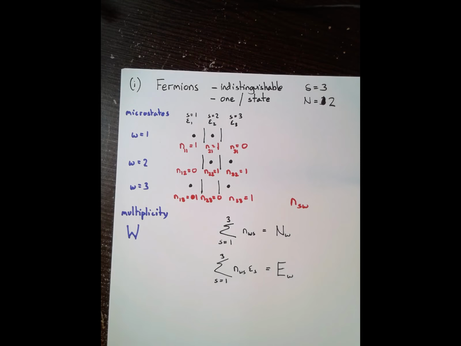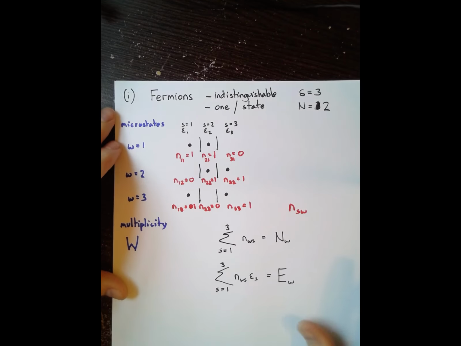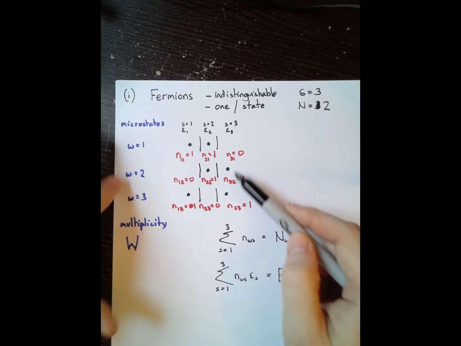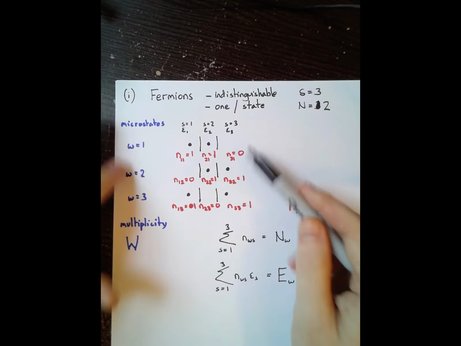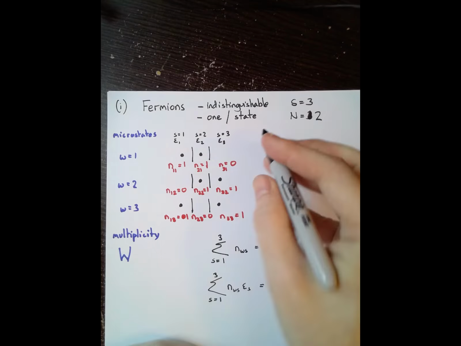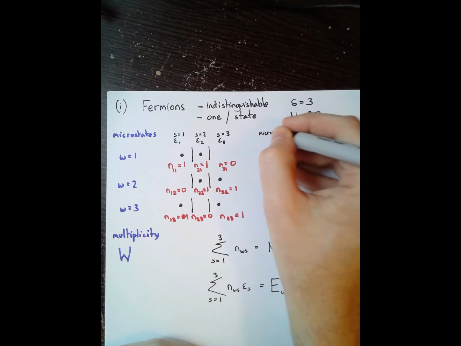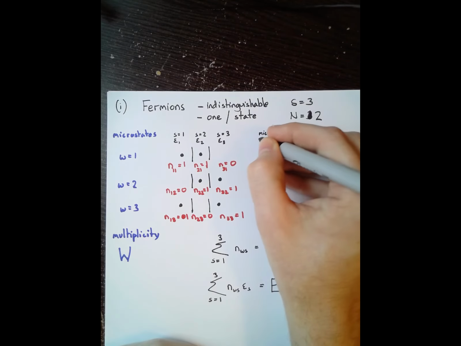If we are in a system that is isolated, then the probability of finding yourself in each of these 3 microstates is equal. Okay, there are 3 microstates, so that means the probability, or the partition function in the microcanonical ensemble, is just a constant.